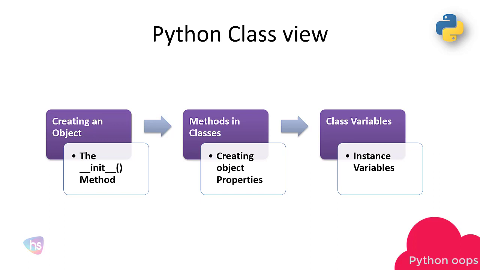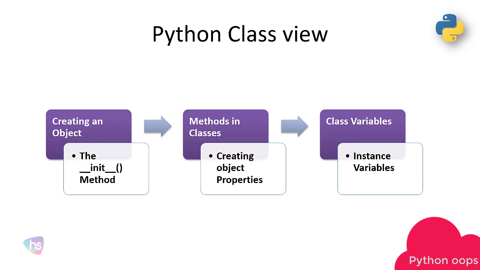To create an object, we simply write the class keyword to write a class program. Inside a class, we create objects. The init method is called by default in Python. It is defined as underscore underscore init underscore underscore with parentheses, and is called the init method.